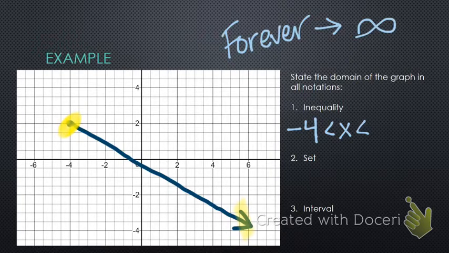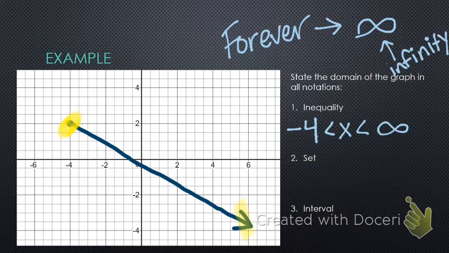And our math symbol for going on forever is called, I don't know if you've seen this before or not, infinity. And it's just a sideways 8, if you need to turn your paper sideways. So this arrow to the right means we go on to our positive x values forever. Our graph never stops. And if it never stops, the number for never stops is infinity.